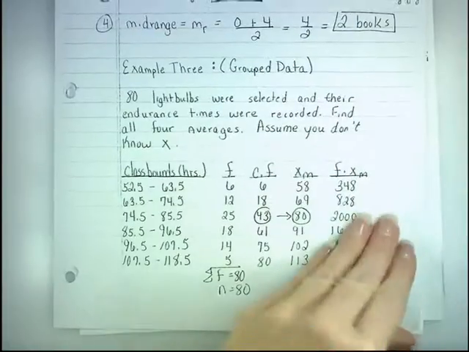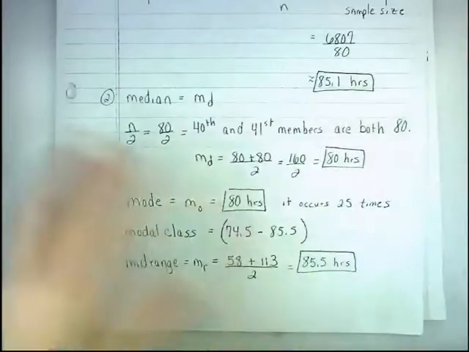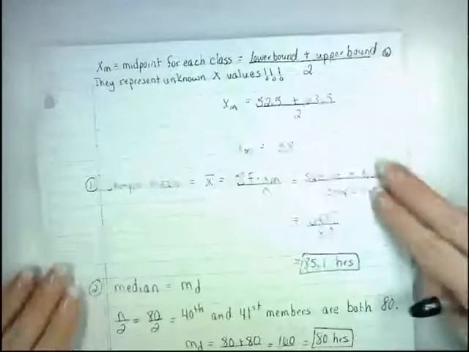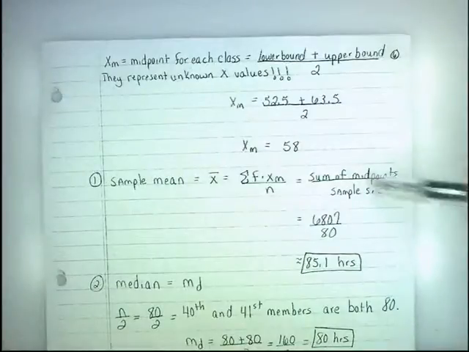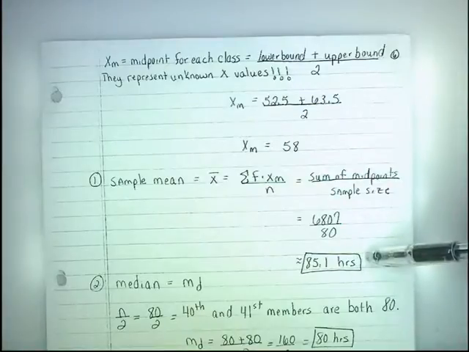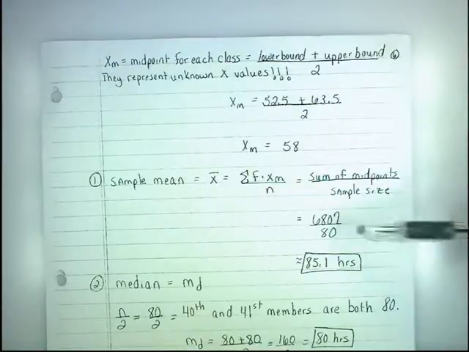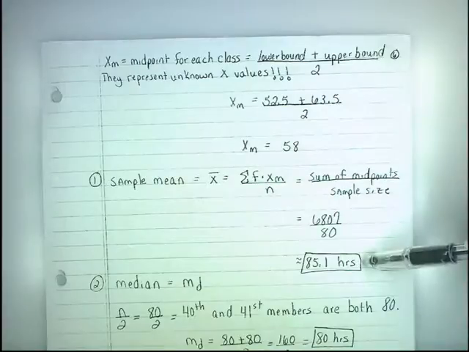Therefore, the mean is going to be the sum of the midpoints divided by the sample size. And that is going to be 85.1 hours. You will need to round to the nearest tenth.